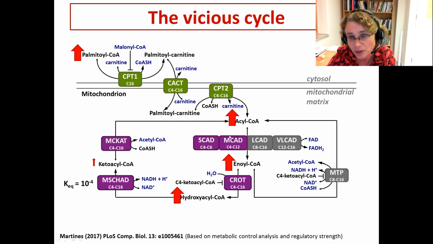Well, then you go to the beginning of the cycle. There you have the acyl CoA, but it's the beginning of one cycle. It's also the end of another cycle. So as the end of a cycle, it would inhibit this thiolase enzyme because it is product. So here you see the product inhibition. So this enzyme that was already getting some control on the flux, becoming limiting, is now even further inhibited.